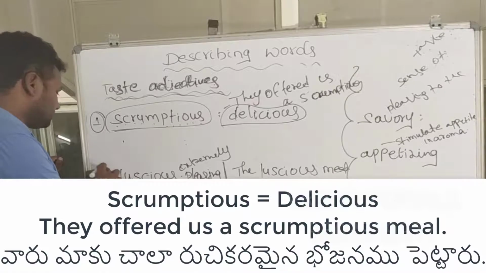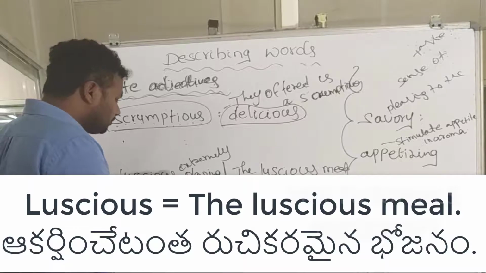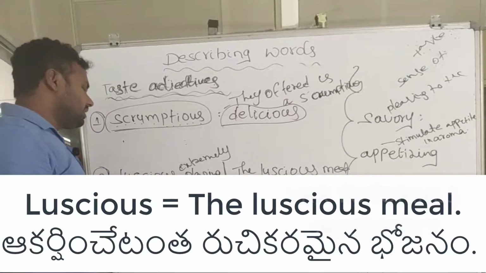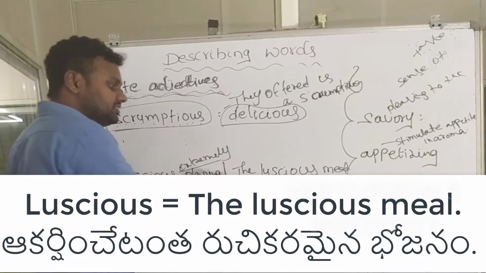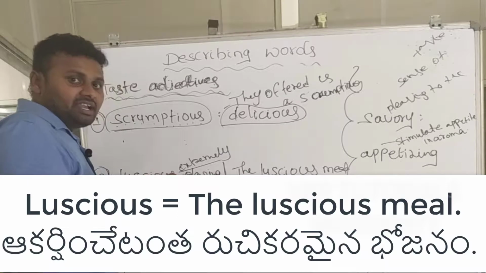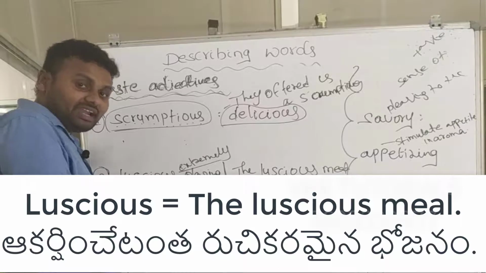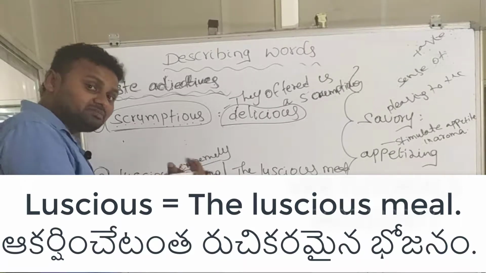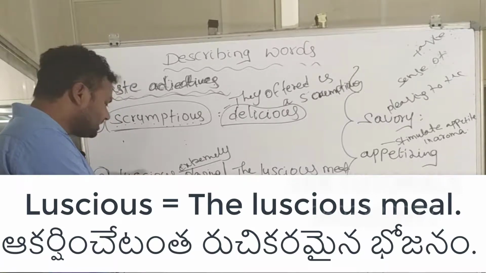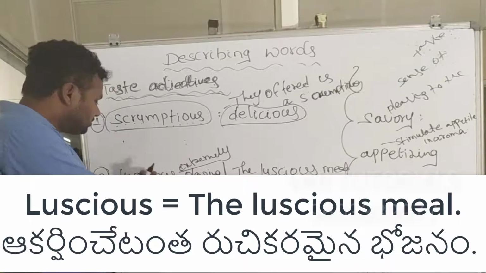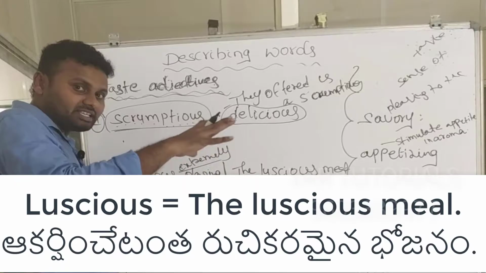So the next one, luscious. Luscious means extremely pleasing. The luscious meal means it attracts us. Taste also sometimes attracts. This is also used for different things, for example, giving sexual appeal.